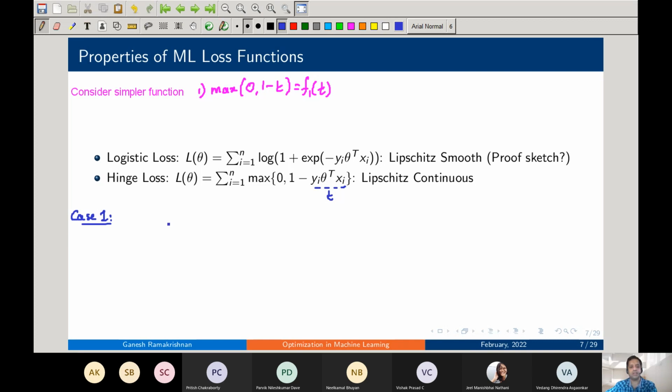I'll have to consider the absolute value of f1t1. I'll just drop the 1 in this index here. There'll be too many ones and twos. So this is just f of t, and we can do a composition later on.